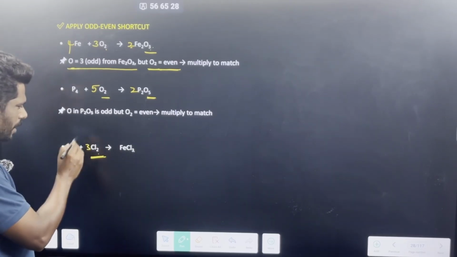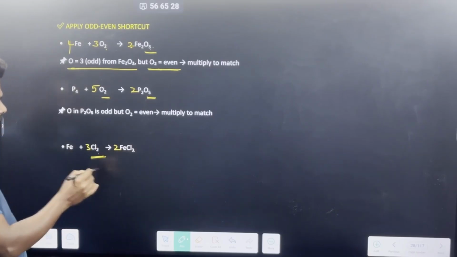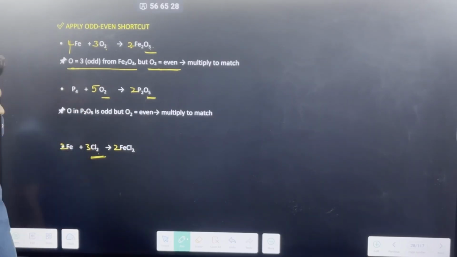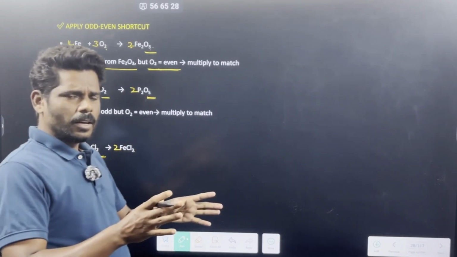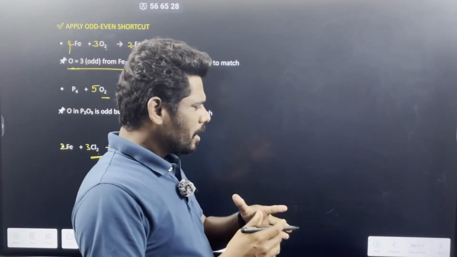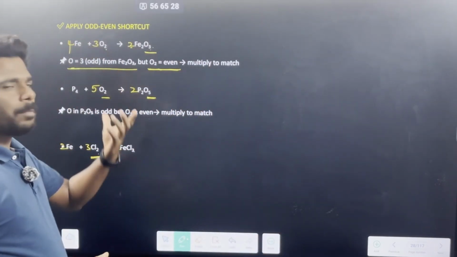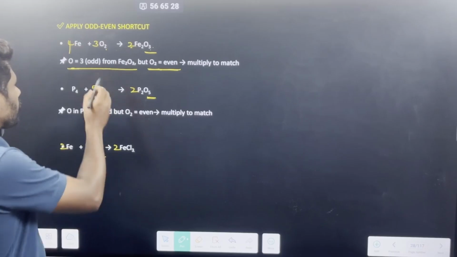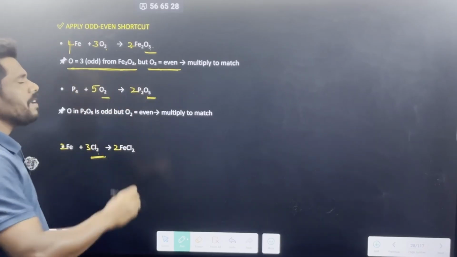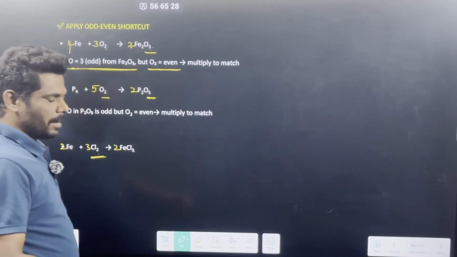Bring the odd number here and keep the even number here, and the equation will be balanced. This is the simplest shortcut, which we call the odd even shortcut. This is usually applicable where an atom must be even on one side and odd on the other side.